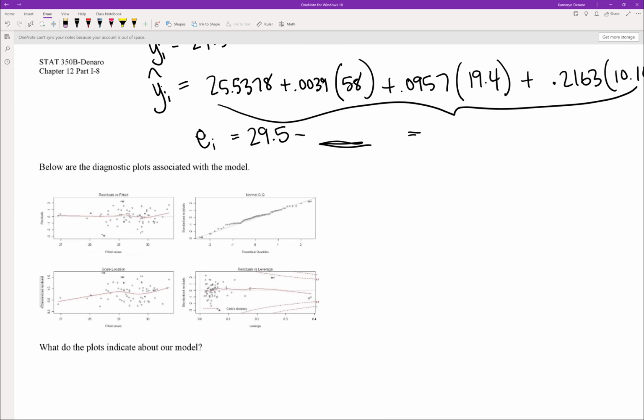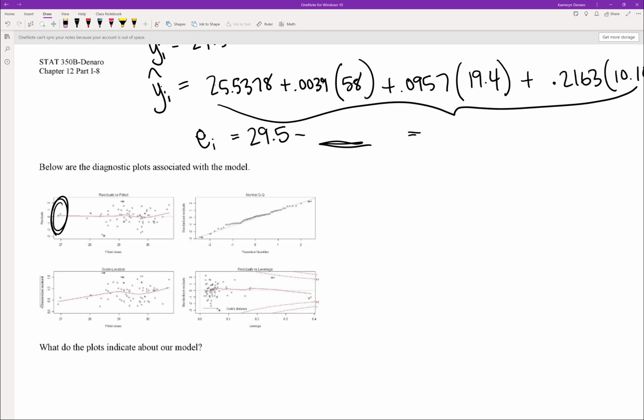We could say they're slightly random, but what concerns me is that a few data points are off on their own. In the scale-location plot, this red line is under 1, and usually you'd want to see it at 1, so we have some curvature here as well. We might need to do some sort of transformation.